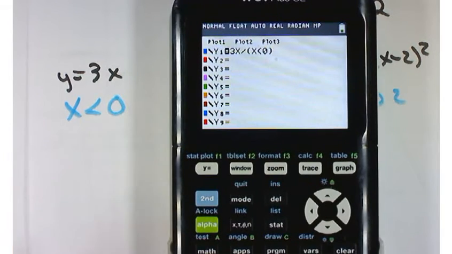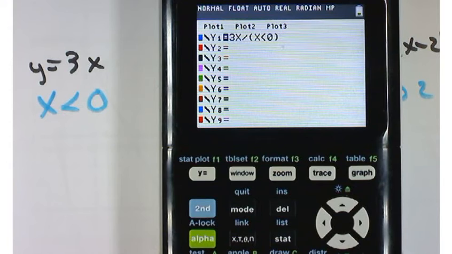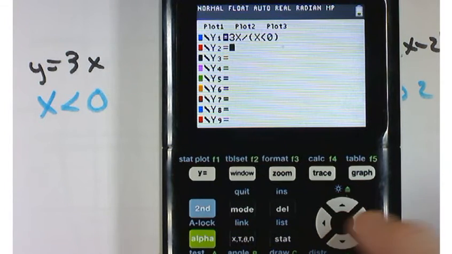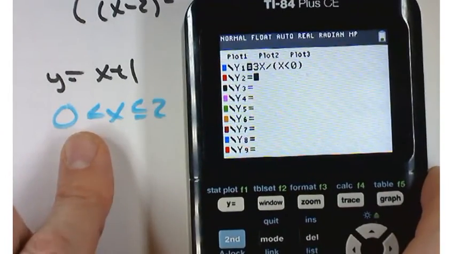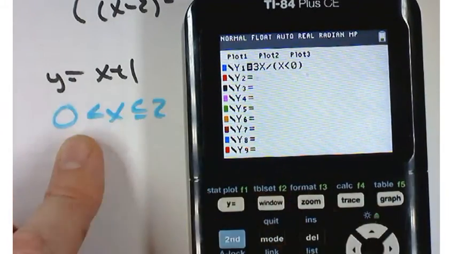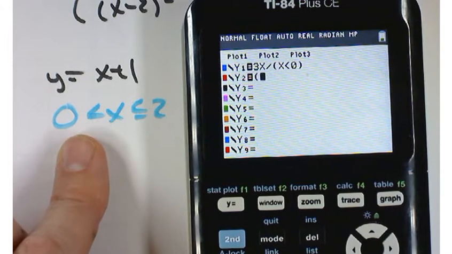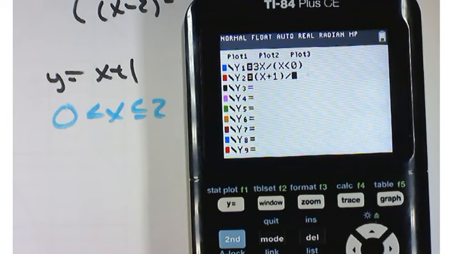Now I'm going to continue and put in all three parts of this before I graph it. The next part is y equals x plus 1. So let's put that x plus 1 in parentheses, and again divided by, and we need a condition that does both of these things.